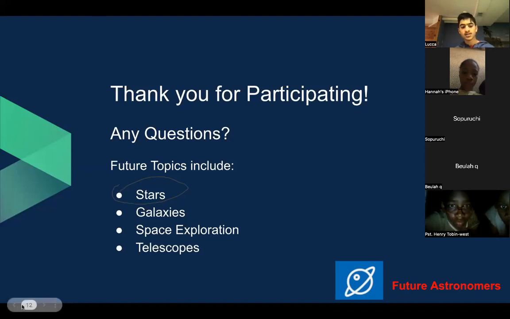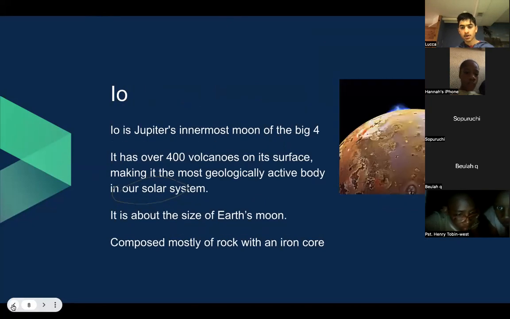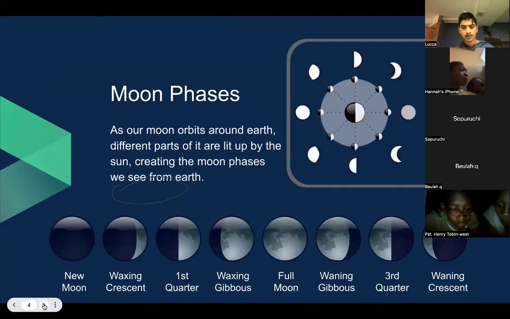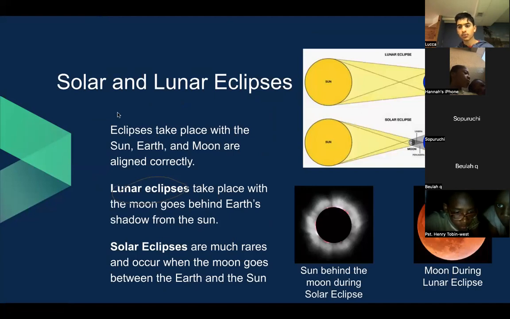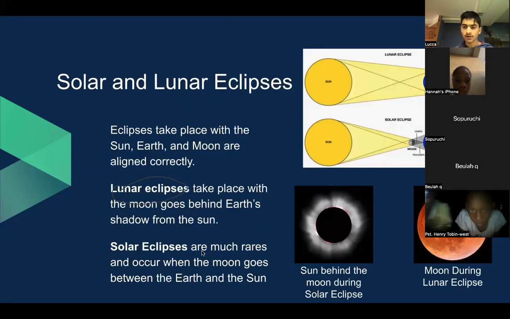Eclipses are when the sun, earth, and moon line up correctly, as you can see in this picture here. So either the moon is in between the sun and the earth, or the earth is in between the moon and the sun, because the moon is constantly going around the earth. So sometimes these two positions happen, and these are the two different types of eclipses.